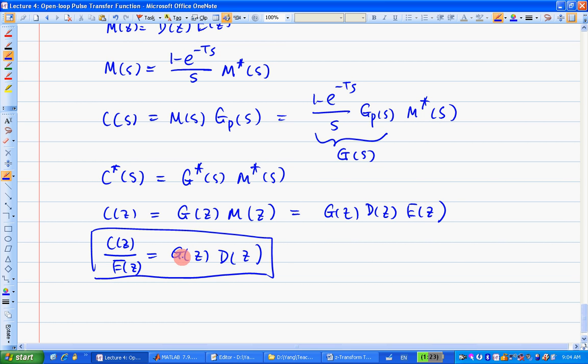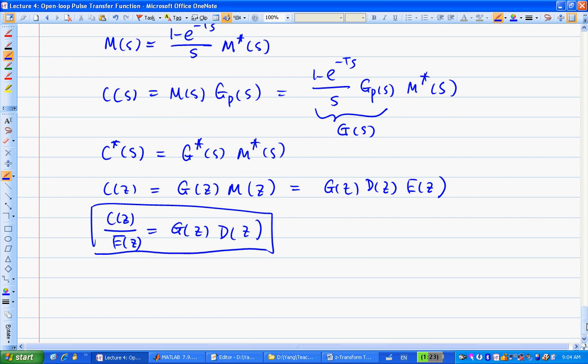You see this G of z? What's G of z? It's this. So that's the discretized plant. So in a short diagram, the previous block can be redrawn like this.